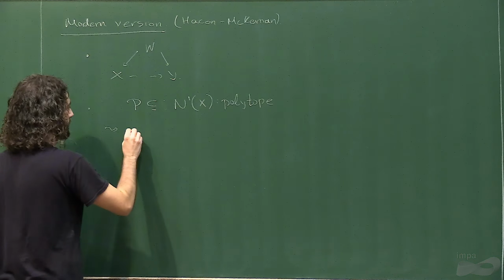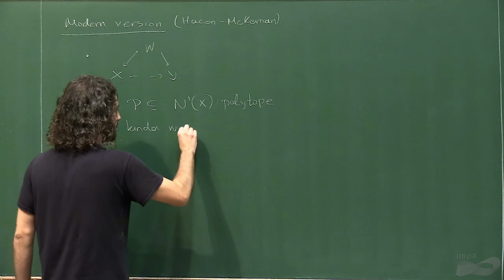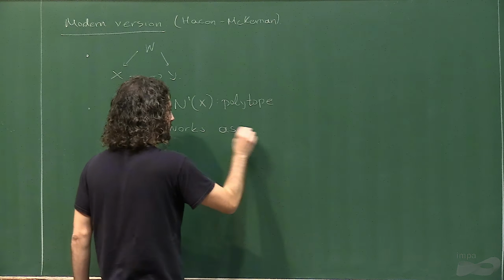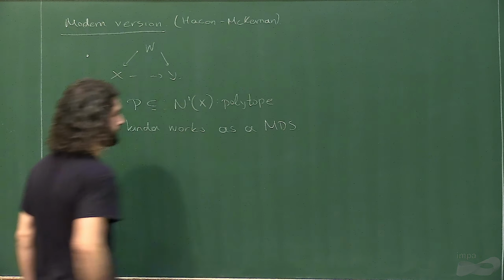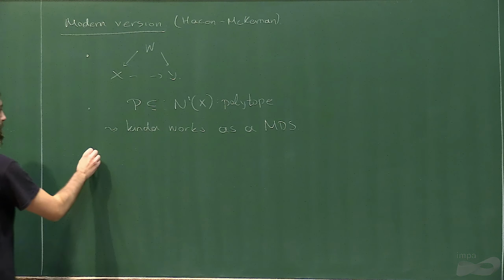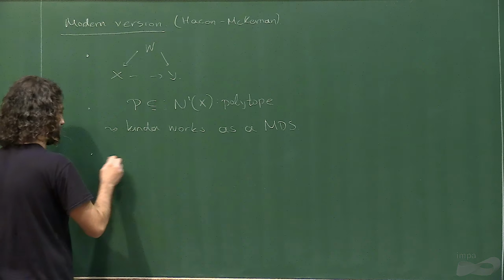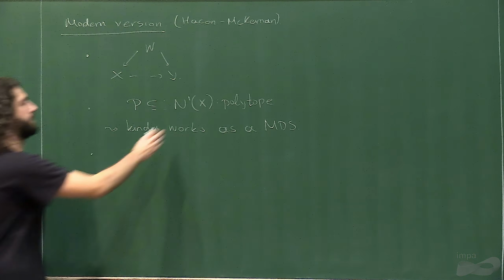So that kind of works as a Mori dream space. We'll try to make this slightly more precise in the next step. So then what they do is they take a two-dimensional slice of W, sorry, you're right, thank you.